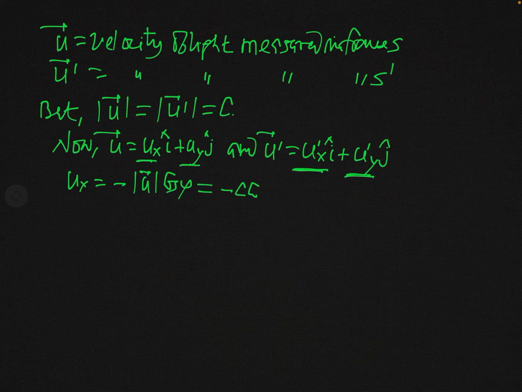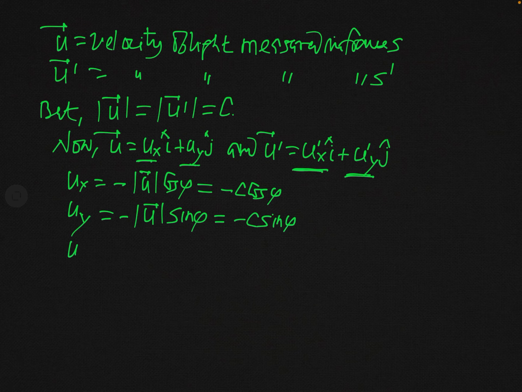So this is minus c cos phi. And you can also see what will be uy. Since the angle phi is made by the vector u with the x-axis, you can write its y component as minus modulus of u sin phi. Since this vector is in the third quadrant, the y component will also be negative. And again, the modulus of u is c, so this is minus c sin phi.